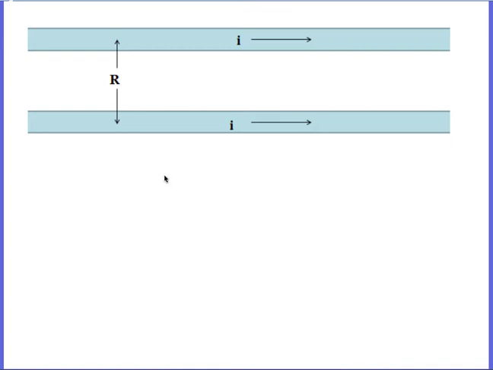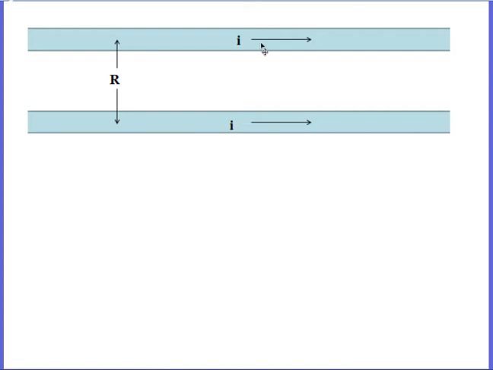So here we have two parallel currents, and we want to look at how they interact with one another. Let's say we want to know the force on the bottom current.